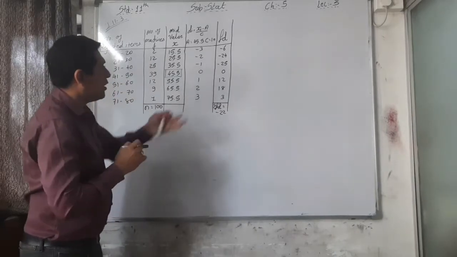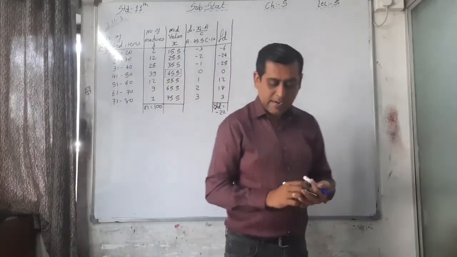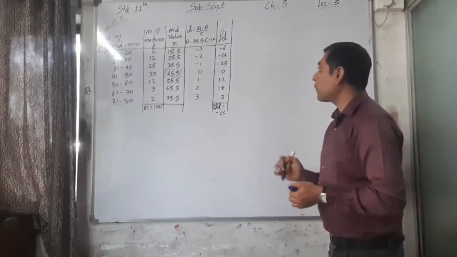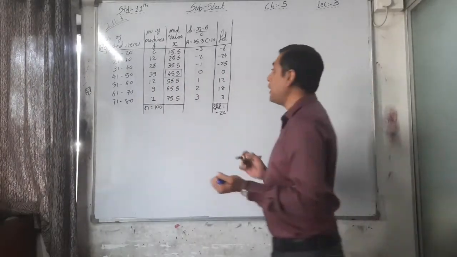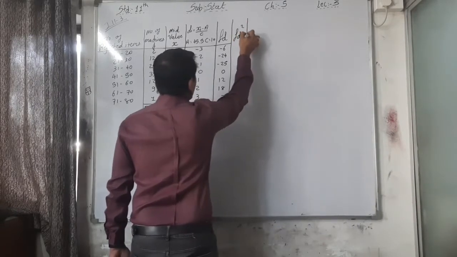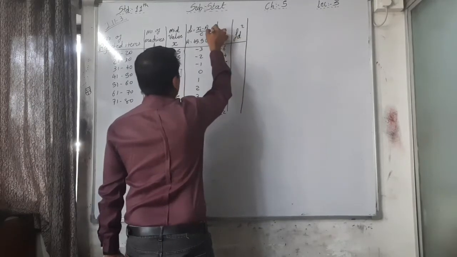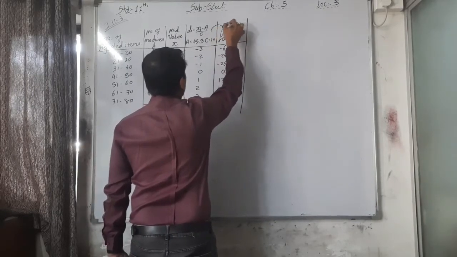Find out the total, make the calculation in your calci. Minus 22 is the total of FD, and now FD square. For the standard deviation, multiplication of FD and D, these and these, we have to write down here.